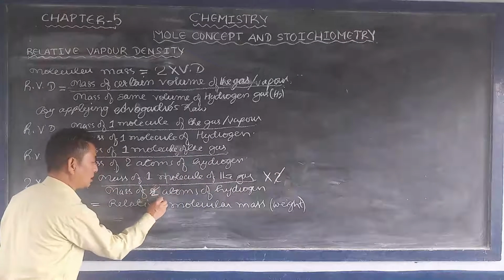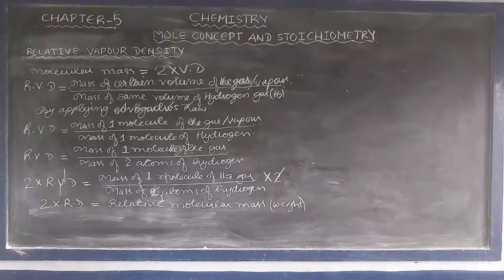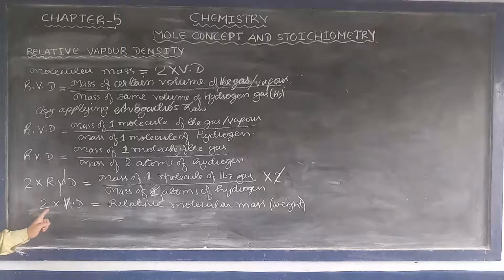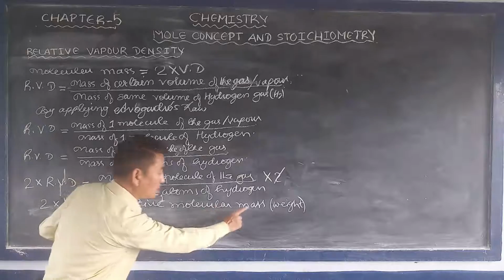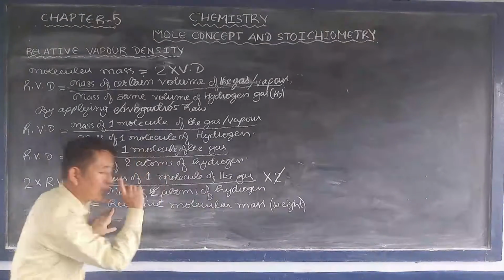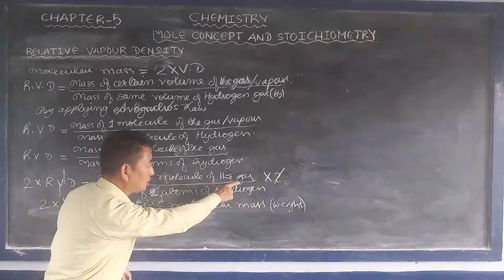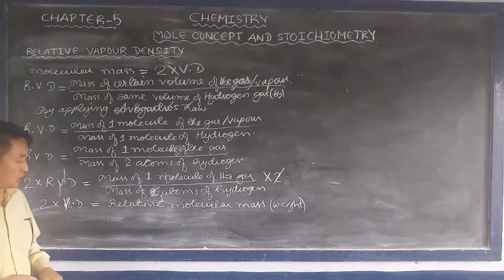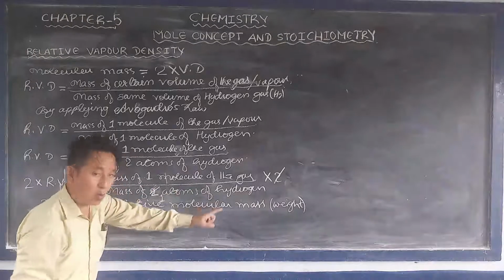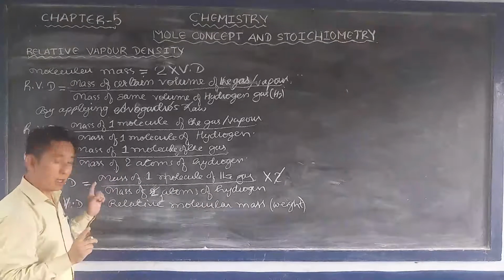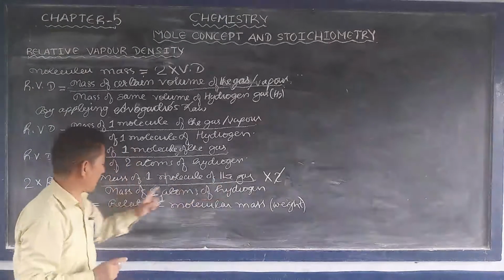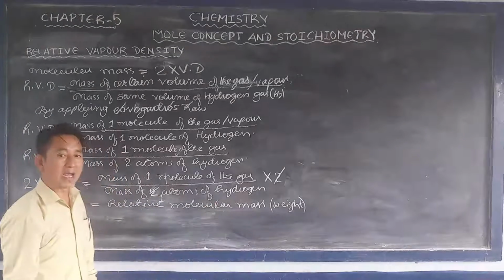The 2 cancels, so twice vapor density is the relative molecular mass of the substance, which is equal to the mass of one molecule of the gas over the mass of one atom of hydrogen.